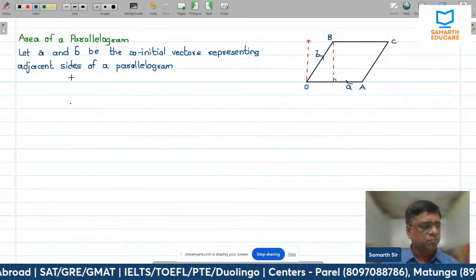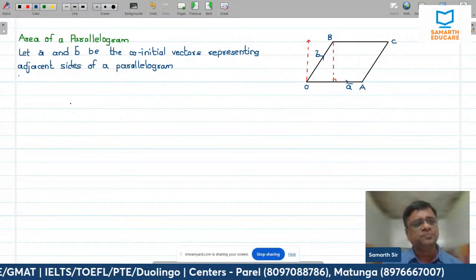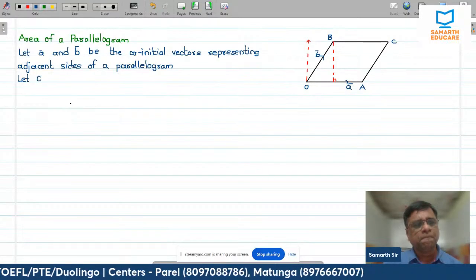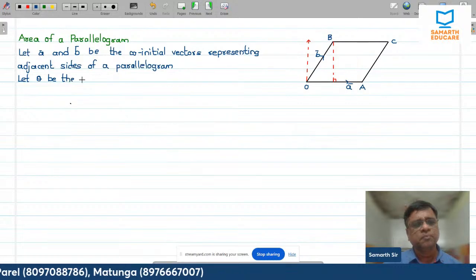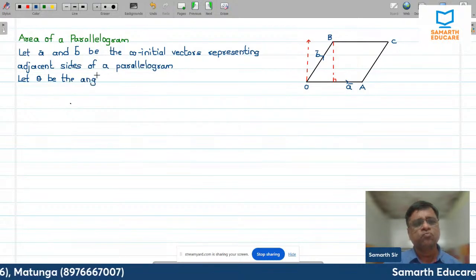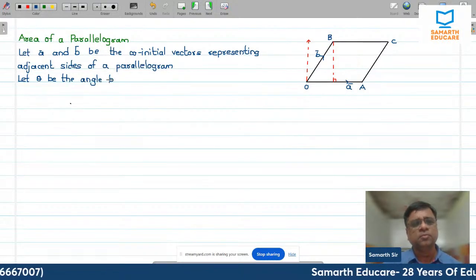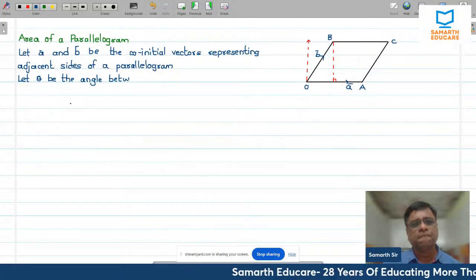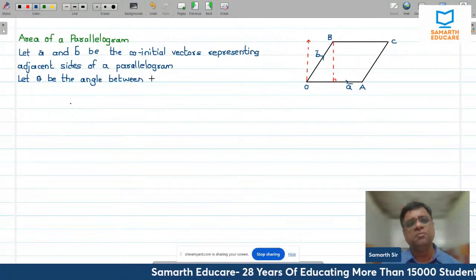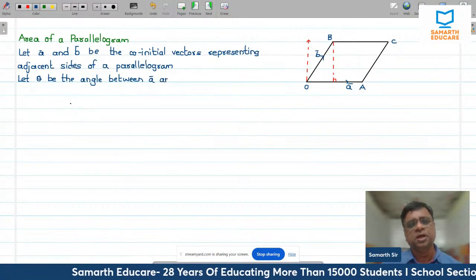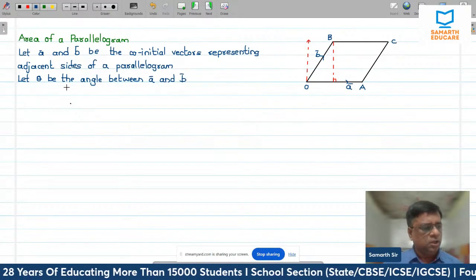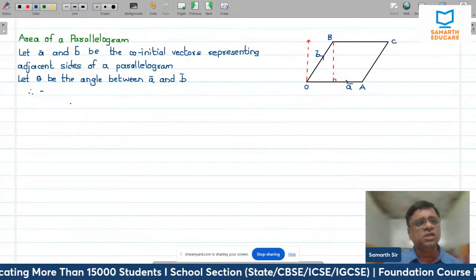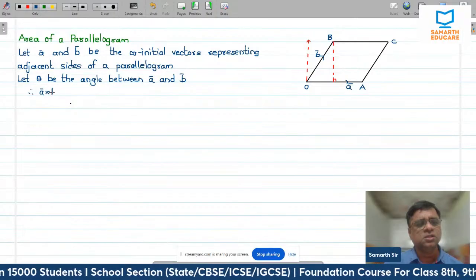Now let theta be the angle between A bar and B bar. In that case, we have already studied in vectors, there is the cross product.